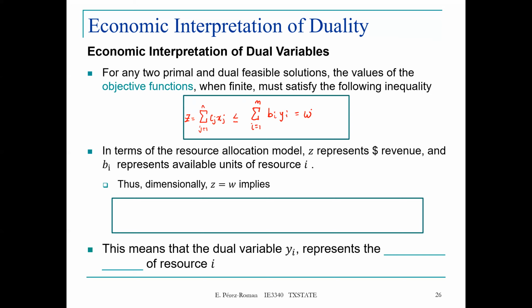In terms of the resource allocation model, Z represents the revenue in dollars, and bi represents available units of resource i.